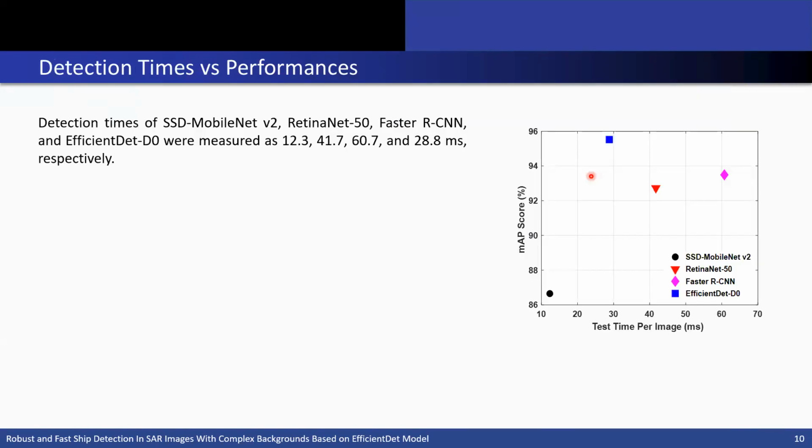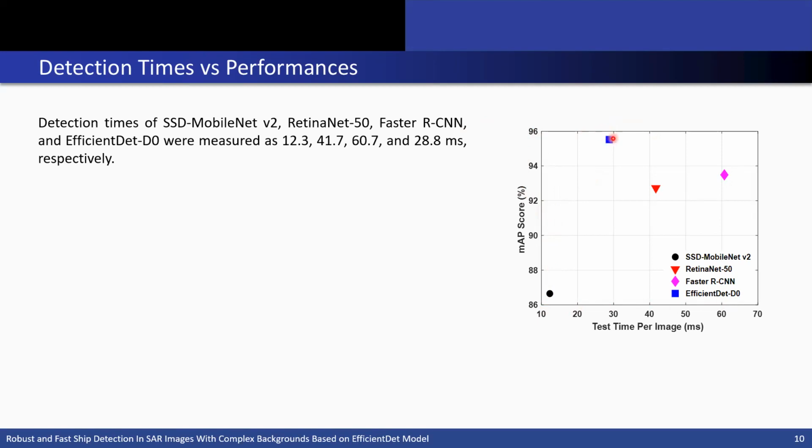If you look at the performance and detection times together, we compare the mAP score with test time per image together, and the method in the top left here is EfficientDet.